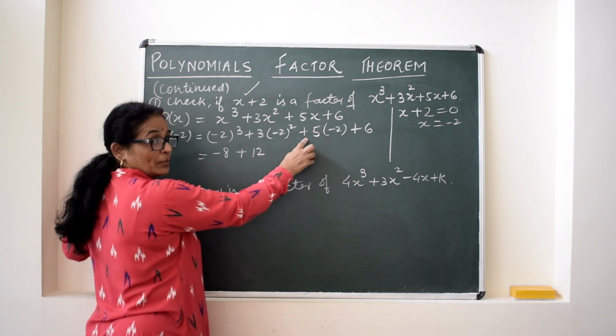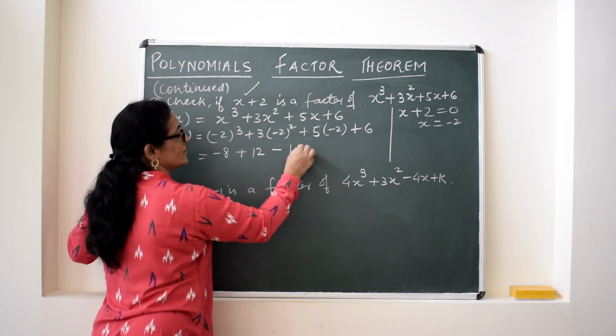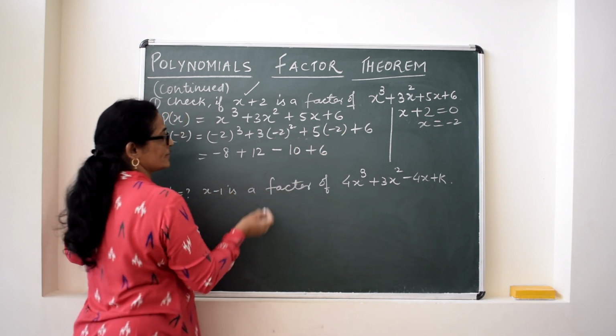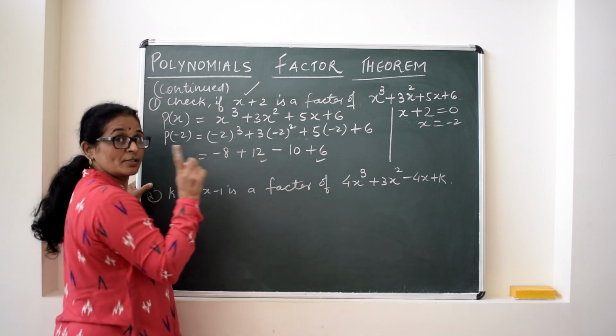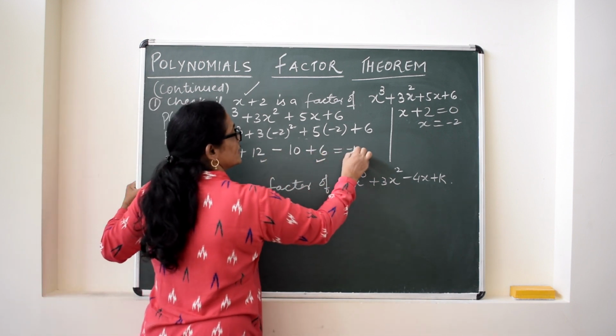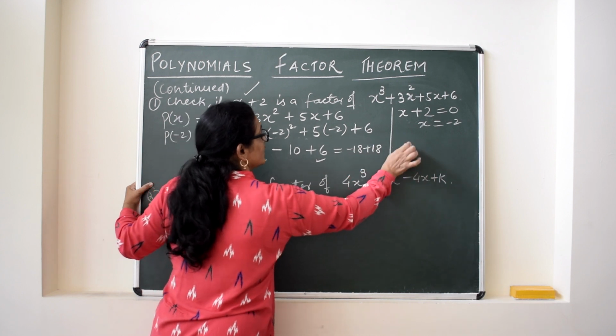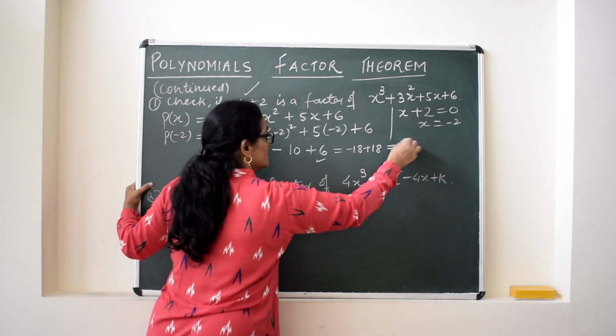Plus and minus multiplication will be minus, so this is minus 10, and plus 6. 12 plus 6 is 18. Minus 8 and minus 10 is minus 18. So minus 18 plus 18 is equal to 0.